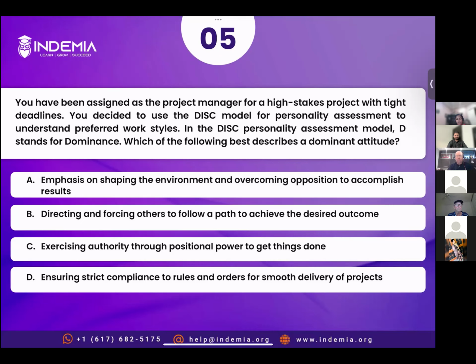And the project is high stake here. It's a tight deadline. Being dominant means he is giving the instructions, but at the same time, he is ensuring that everyone is following the directions and does not oppose him. So that's why I picked option C. Dominance is not always bad, I believe. All right. So dominance is not dictatorship, right?